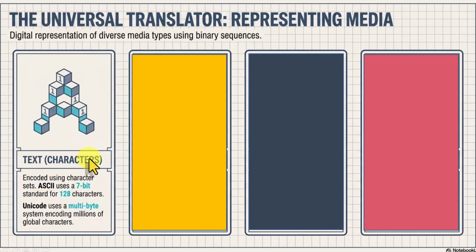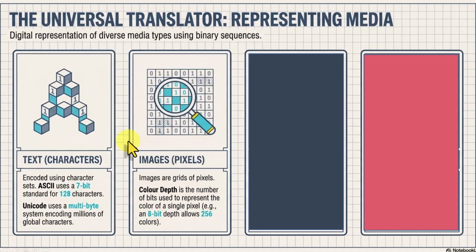We used character sets to change characters to ASCII code, in which we studied that ASCII uses 7 bits, giving 128 different characters. Now mostly we use Unicode, which is a multi-byte encoding system, in which we can have millions of global characters. Unicode can use 16 or 32 bits.